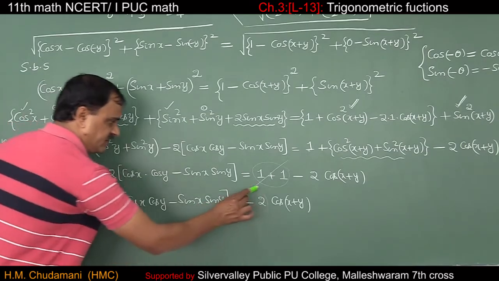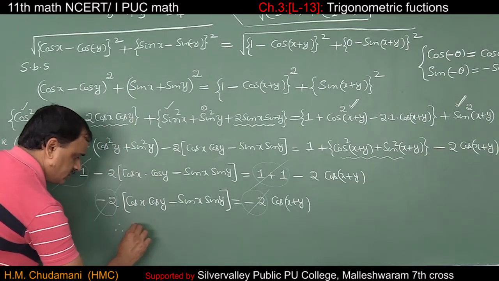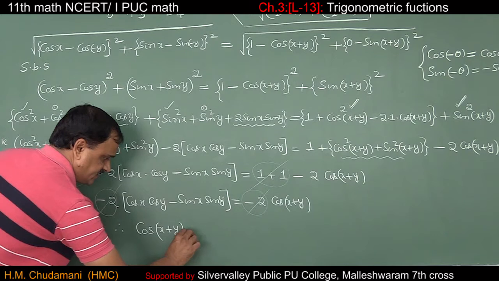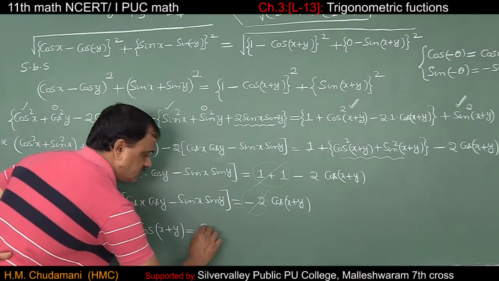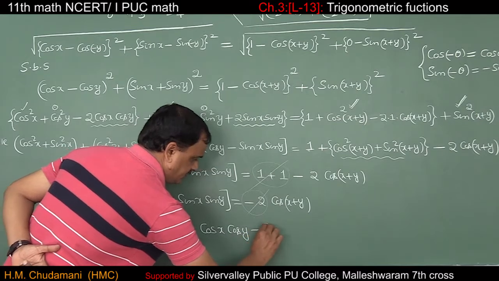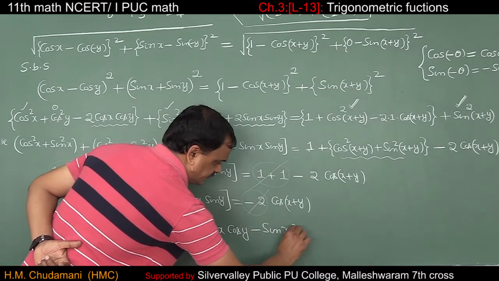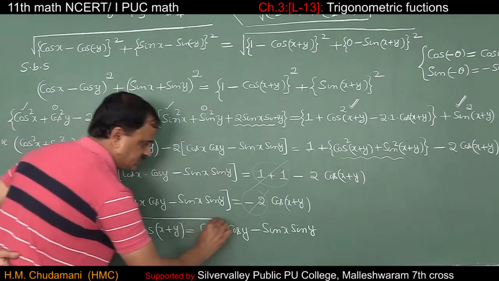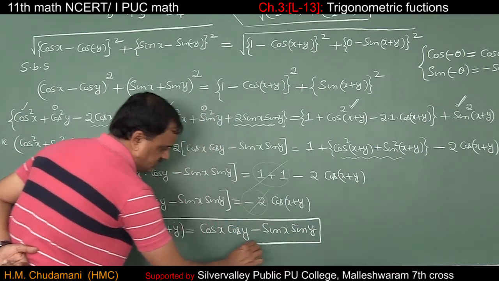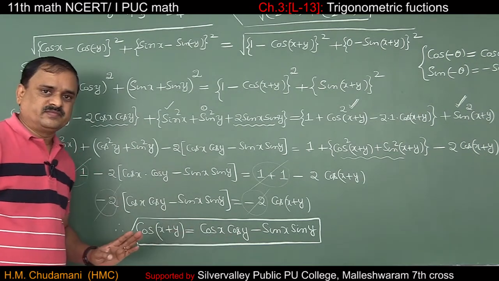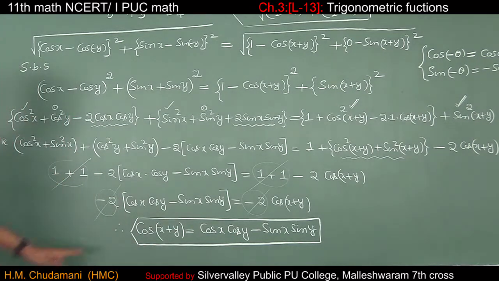We can eliminate minus 2. Therefore, cos of x plus y is equal to cos x cos y minus sin x sin y. Okay, this is the proof of the theorem.